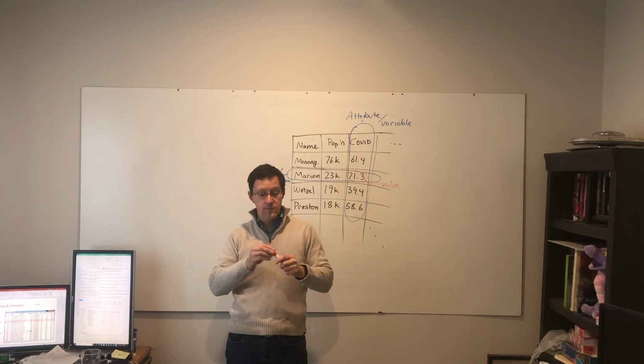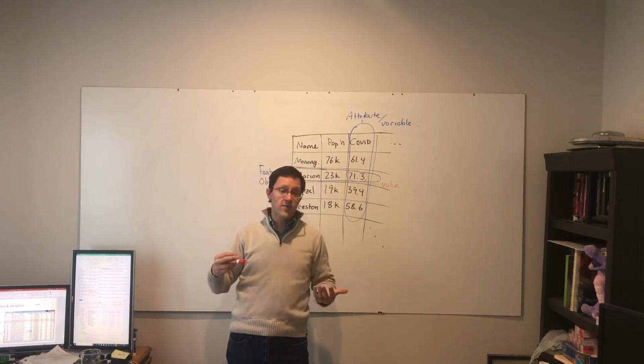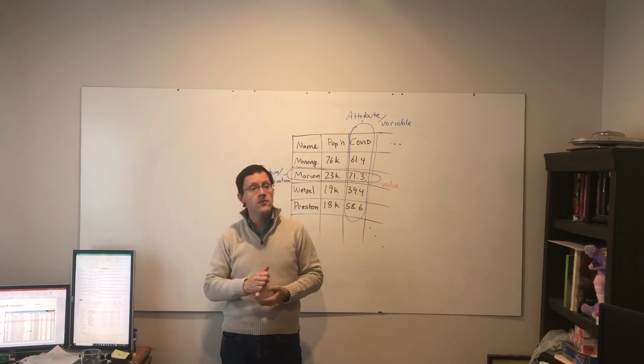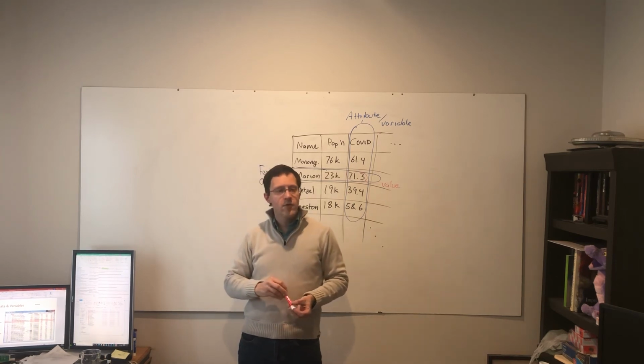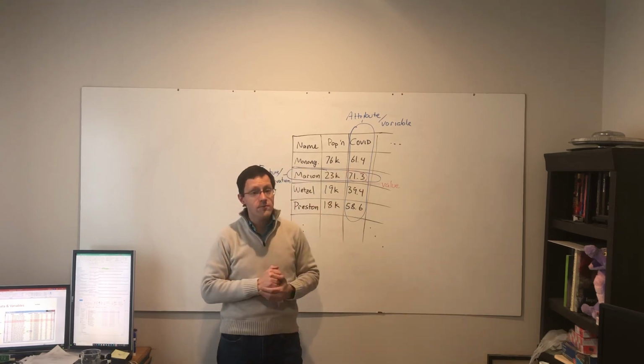So that we are not getting confused about attributes versus observations, or variables versus features, which is the most common way of getting things flipped or mixed up among these terms.